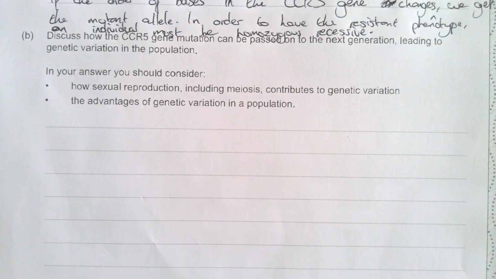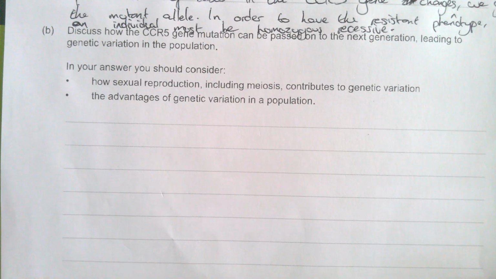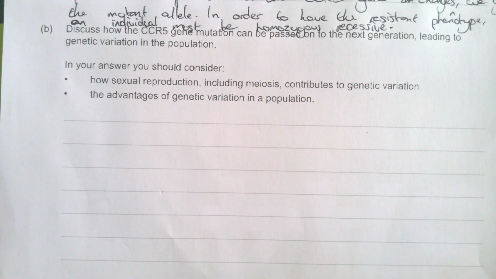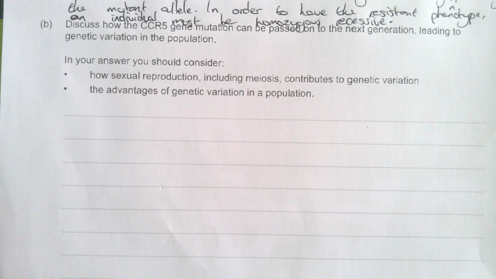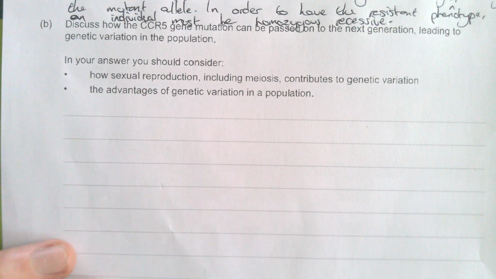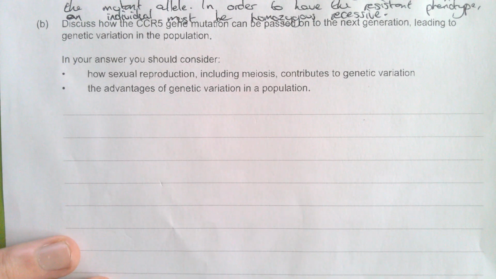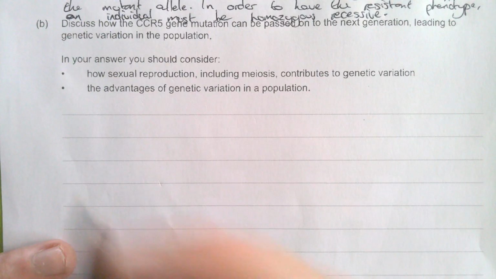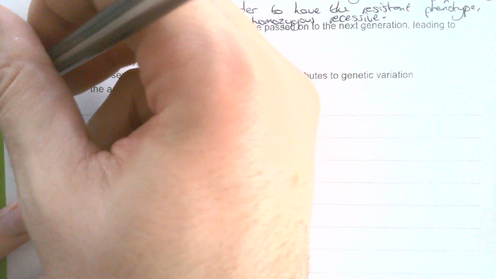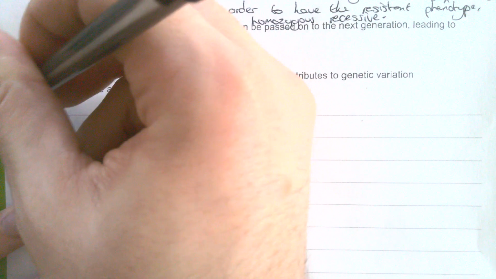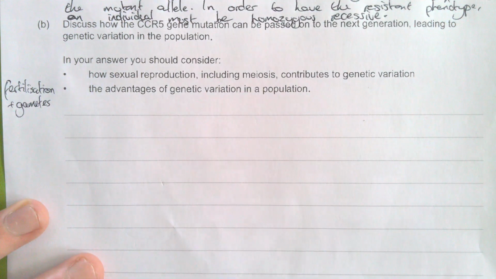Okay, so what we're going to do, just on the side here, I'm going to jot down a few key checkpoints for things that I want to talk about based on the actual question and these suggestions as well. So, if we're talking about inheriting mutations or passing on mutations, we're going to talk about fertilization plus gametes, because the mutations have to occur in the gametes.